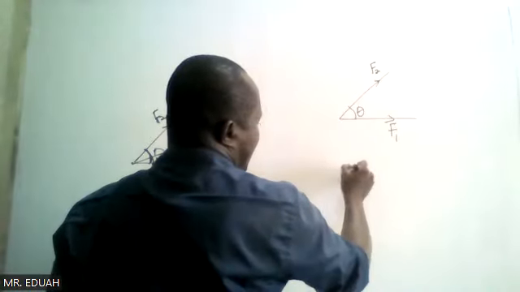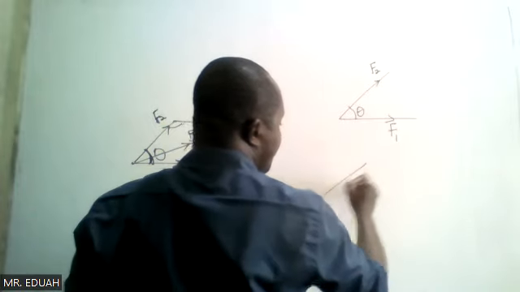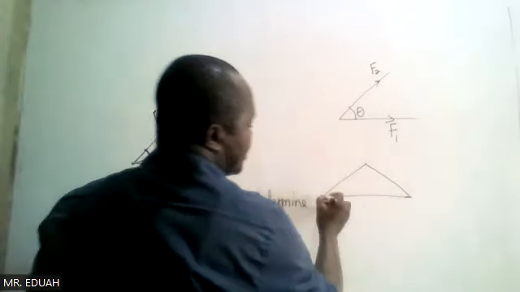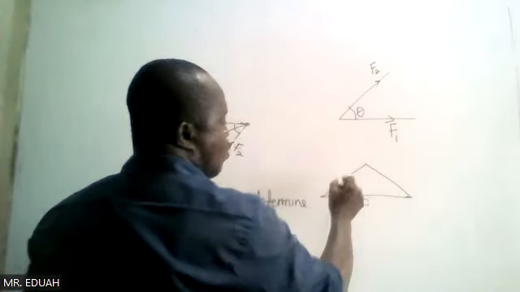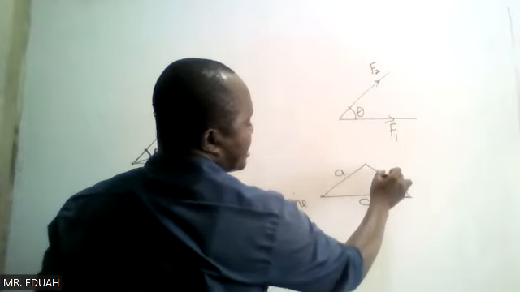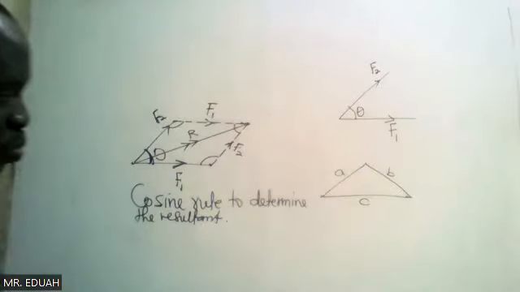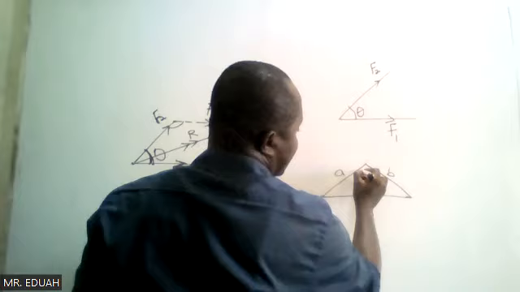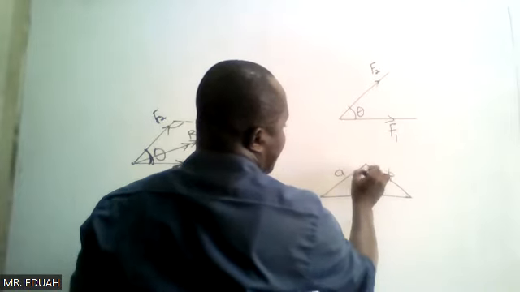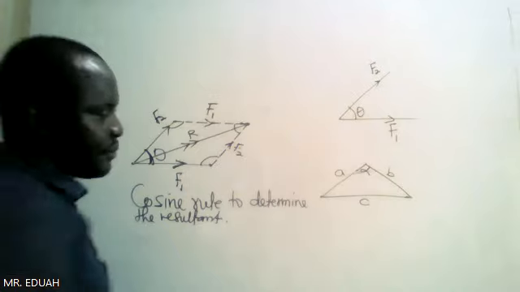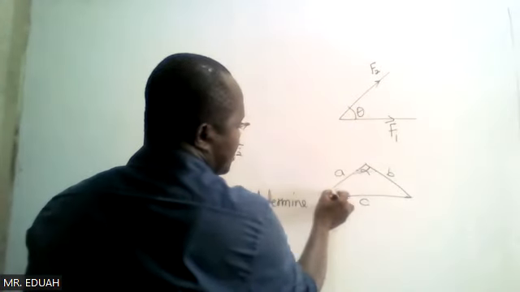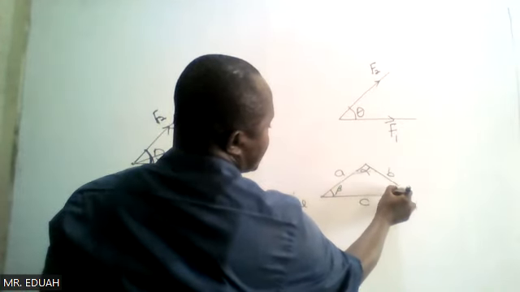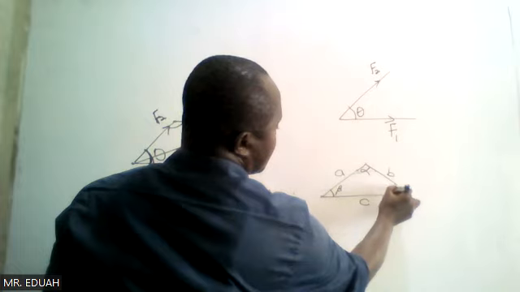If I have any triangle, this side is C, this side is A, this side is B. The angle opposite to this side is alpha, the angle opposite to B is beta, and the angle opposite to this is gamma.